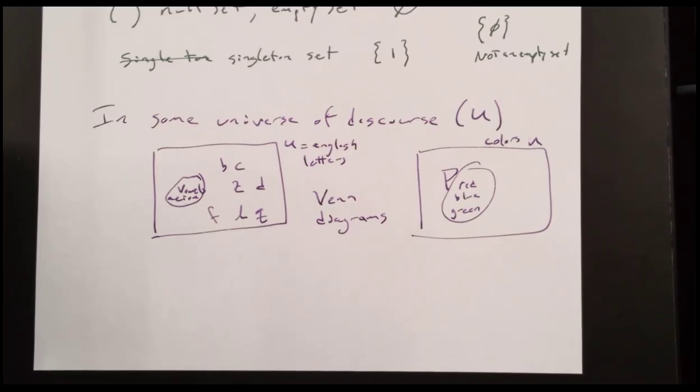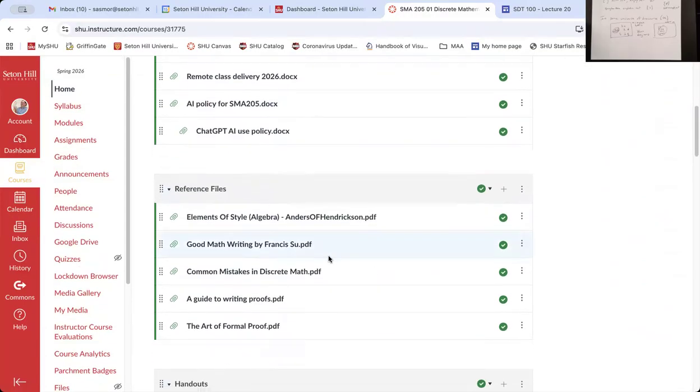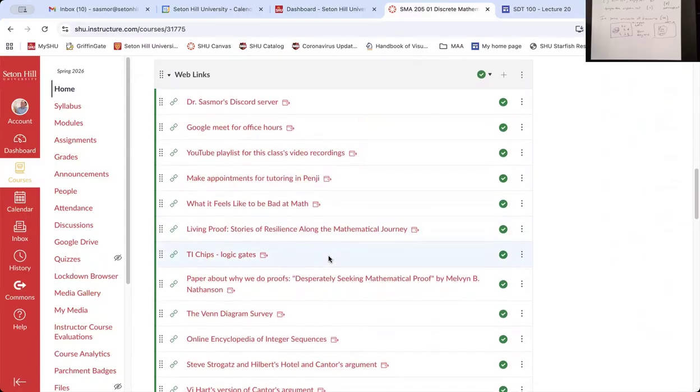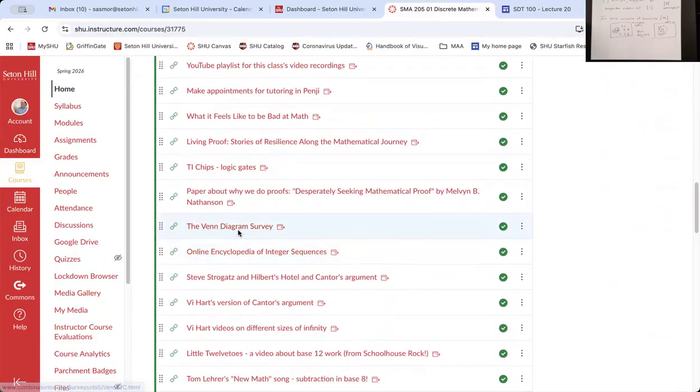I want to sometimes deal with more than one set, in which case I might have 2 or more circles inside my box. On our Canvas page, there is a link to a paper called the Venn Diagram Survey.